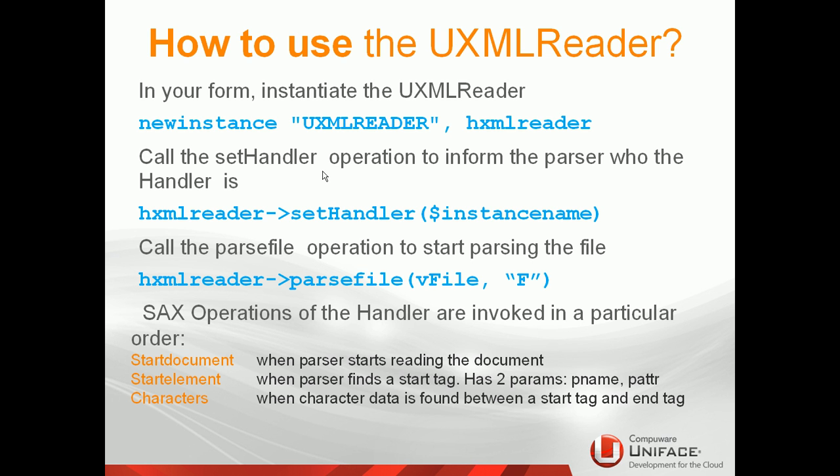The characters operation is activated when character data is encountered between a start tag and its end tag. The endElement operation is activated when the parser encounters an end tag. And the endDocument operation is activated when the end of the document is reached.